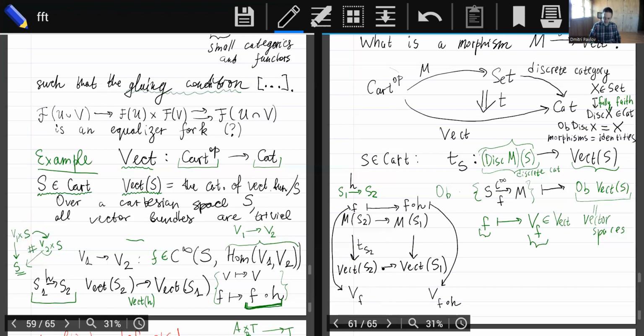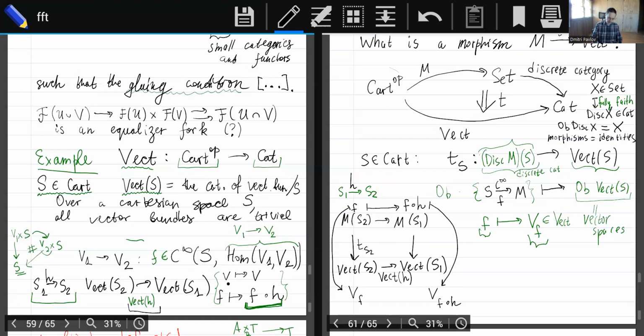And finally, the bottom map is the pullback map, the pullback map for trivial vector bundles. And previously we saw how it works, right? Pullbacks of trivial vector bundles are again trivial. And we saw precisely here on the left side, we defined this functor from Vect S2 to Vect S1 as the pullback functor.